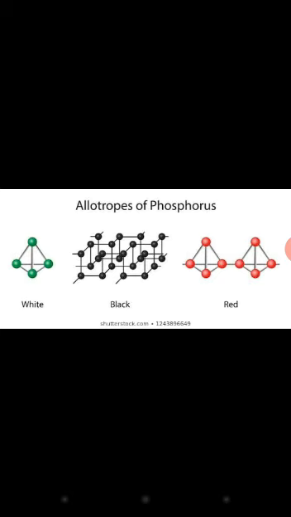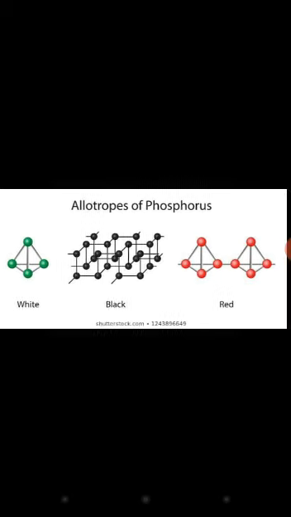Rhombic sulfur and monoclinic sulfur are its important crystalline allotropes, whereas plastic sulfur is the amorphous form of sulfur. Again I am repeating, plastic sulfur is the amorphous form of sulfur.